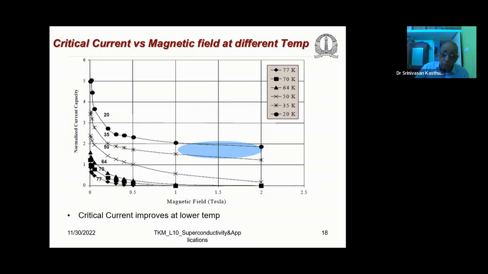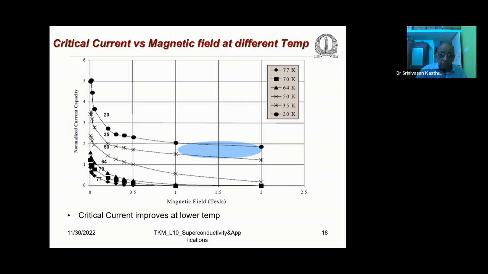Because it takes more current, it is able to generate higher magnetic field. So the performance of the high temperature superconducting wire improves at lower temperatures.